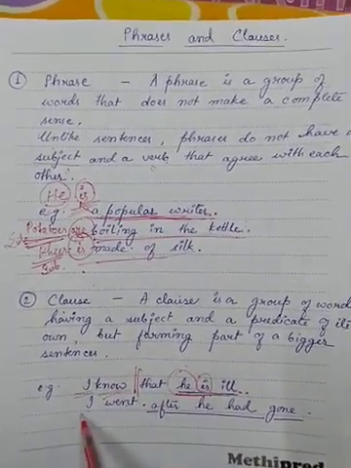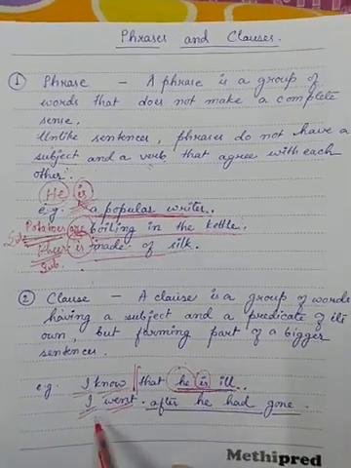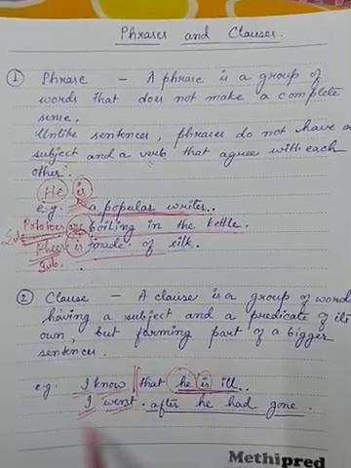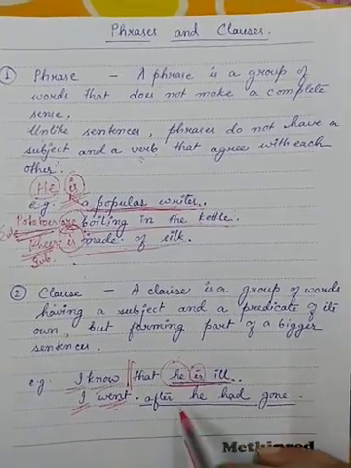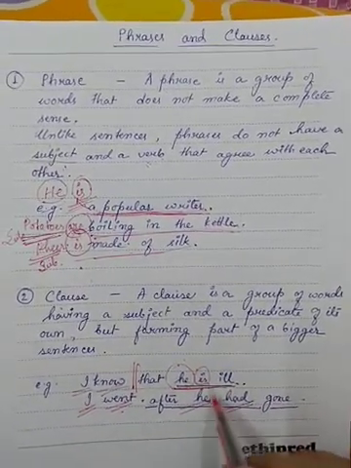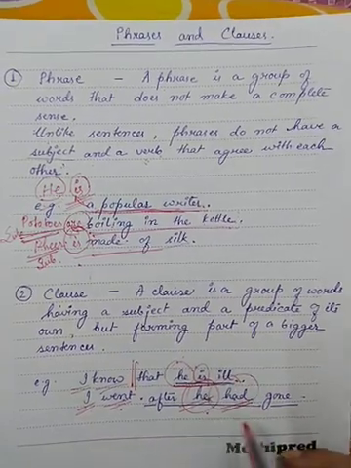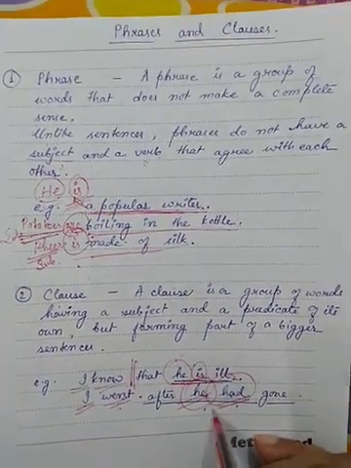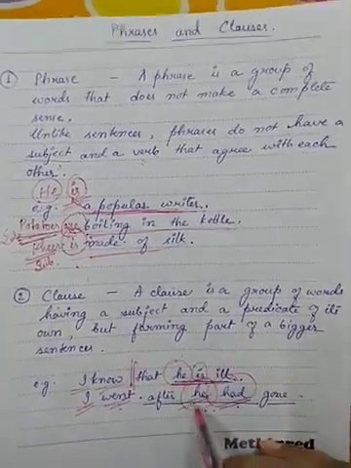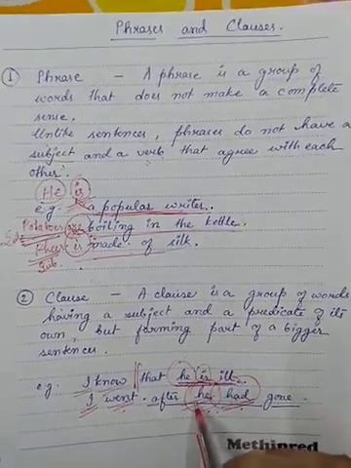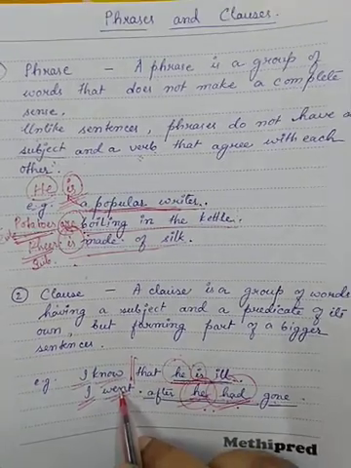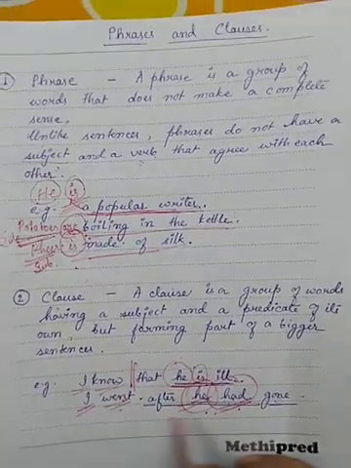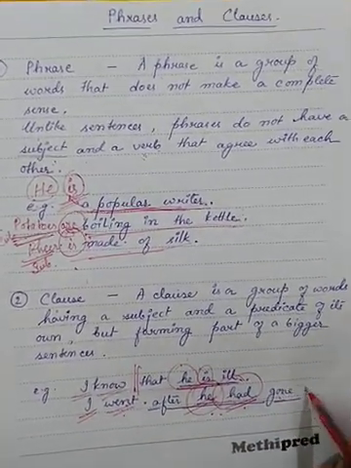I went. I is the subject, went is the verb. This is one part of the sentence. After he had gone. Again, he is the subject, had is the verb. He had gone. This is the clause which is added to the previous part of a sentence and makes one bigger sentence.